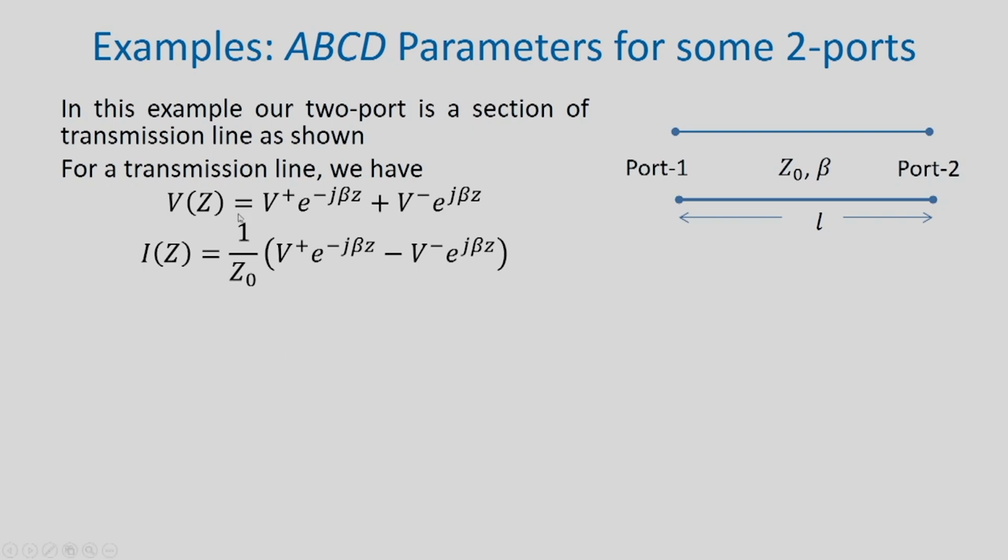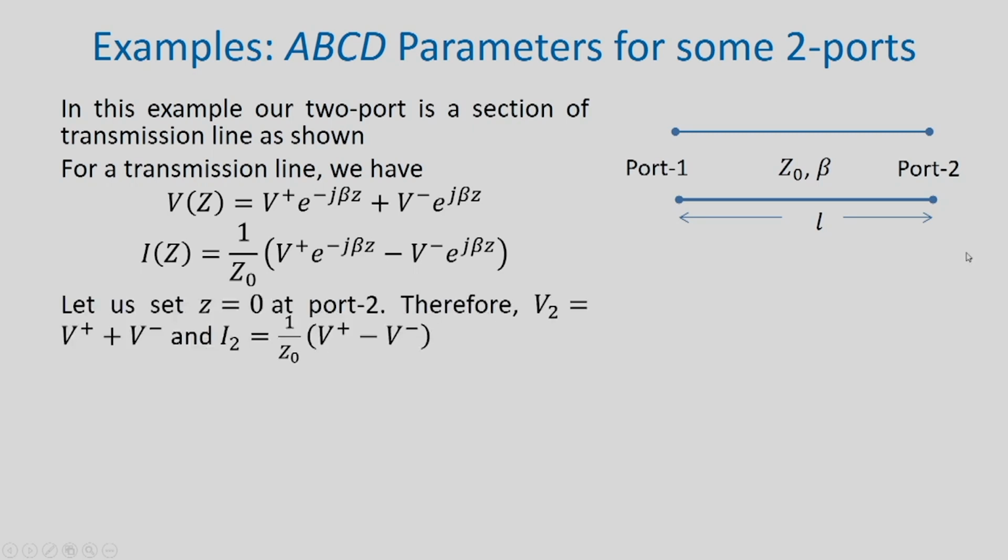So, these voltage and current expressions are valid when we have waves travelling in both plus z and minus z directions. Now, we set the reference, say z equal to 0, at port 2. Therefore, at port 2, V2 becomes V plus plus V minus, and I2 becomes 1 by Z0 times V plus minus V minus.